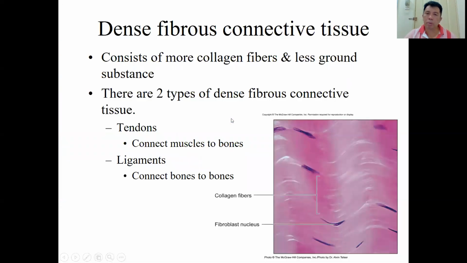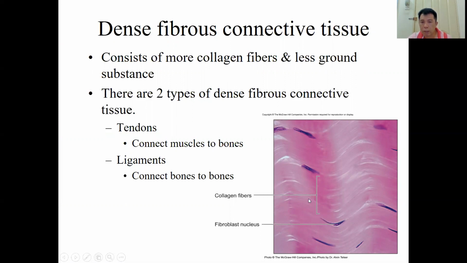So dense fibrous connective tissue: just as loose and dense suggest, here there is less ground substance, but more protein fibers. For example, tendons and ligaments have more collagen fibers, which are protein fibers, and less ground substance. From here you can see the cell, a fibroblast; the name is also fibroblast.